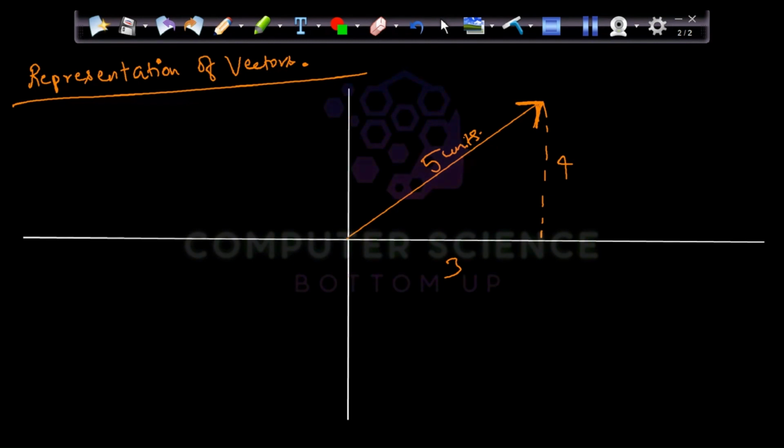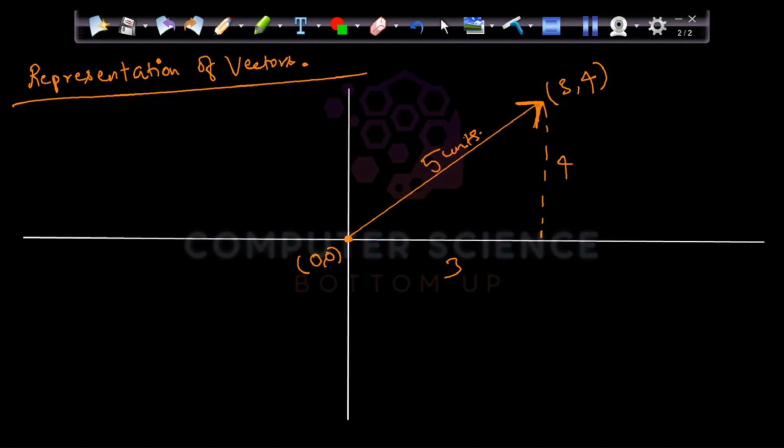So this is your vector. The origin of it is the origin only, which is 0, 0 in this case, and it is going till the coordinate 3, 4.